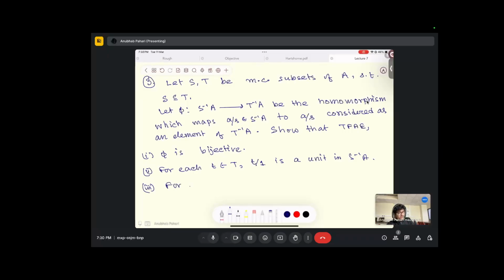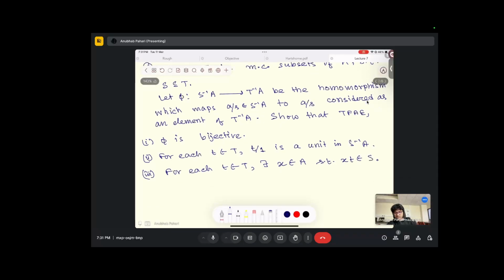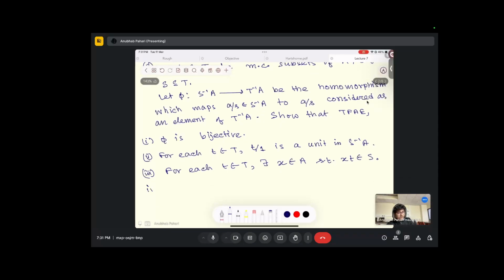For each small t of capital T, there exists x belonging to A such that xt belongs to S. 4.